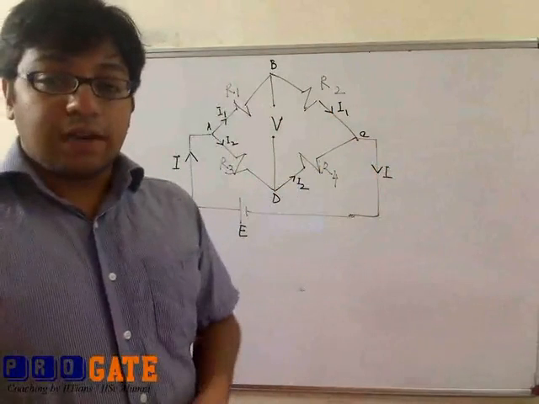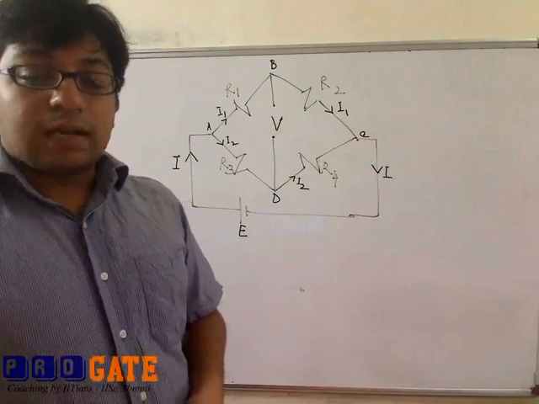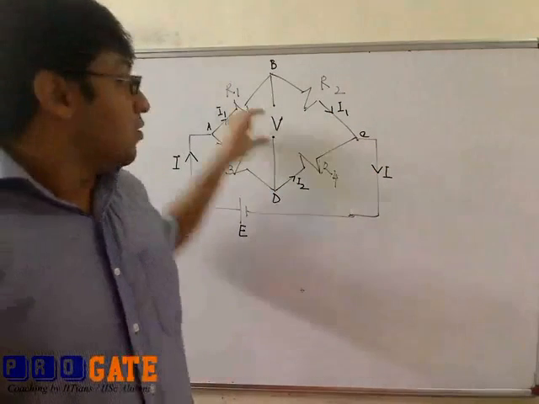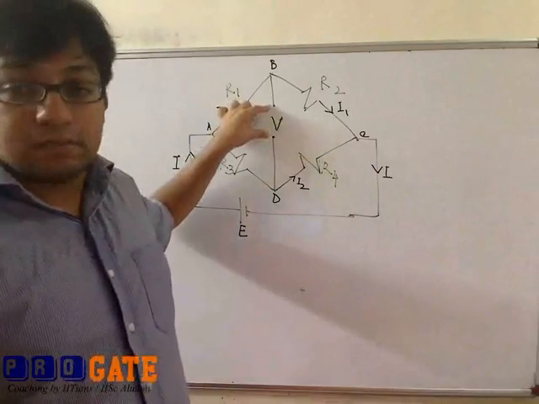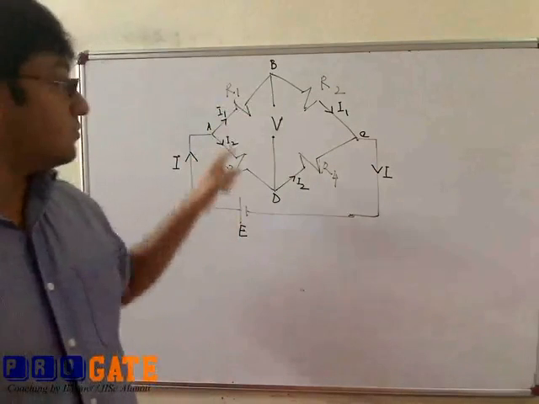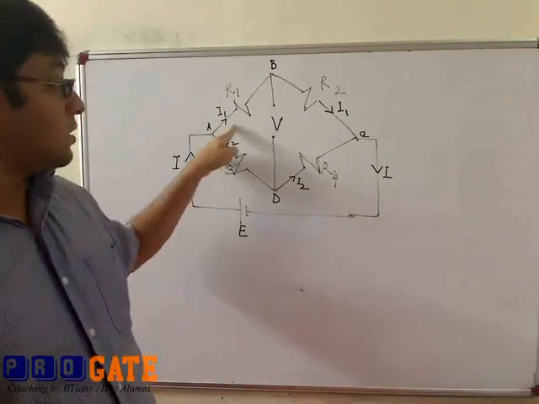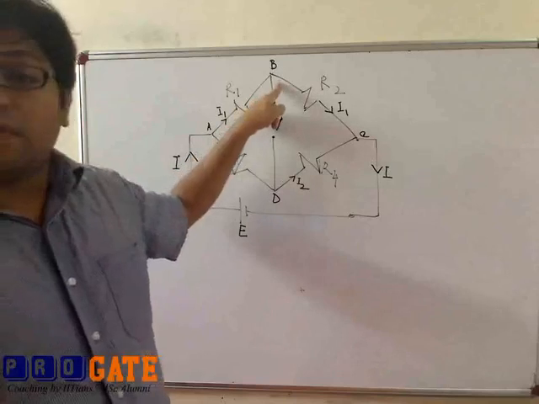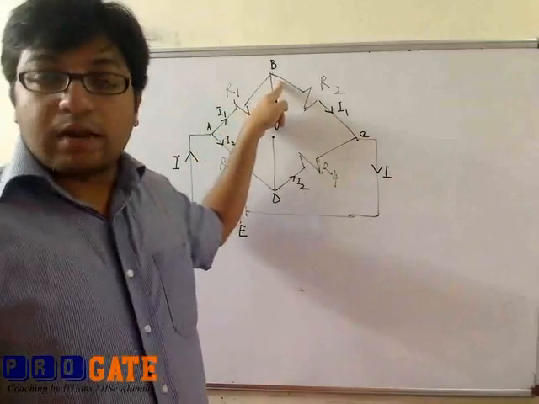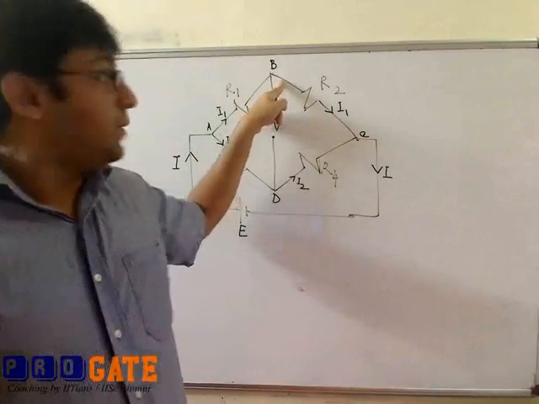So now let us try and write down equations that can help us find the voltage across the points B and D. If we were to compute the voltage at node B, what would that be?